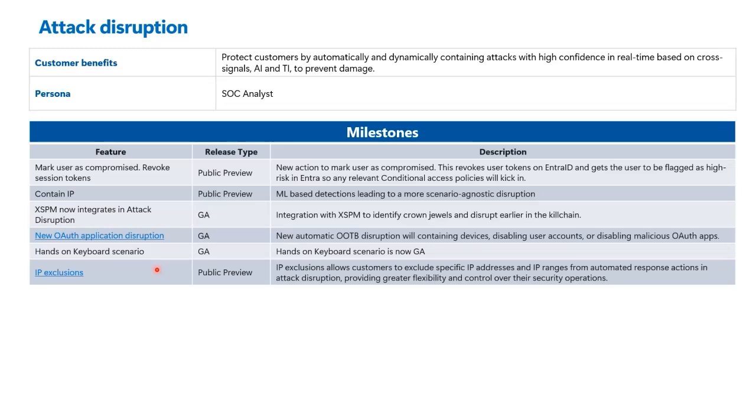Now, last item over here is the new option for exclusions on top of what we already have today, which are the exclusion through device group and also user. So this will actually allow you to exclude specific IP addresses and IP ranges.